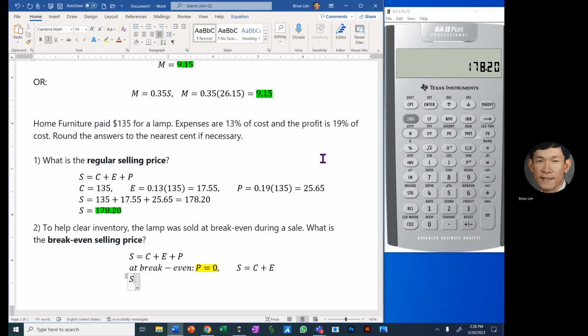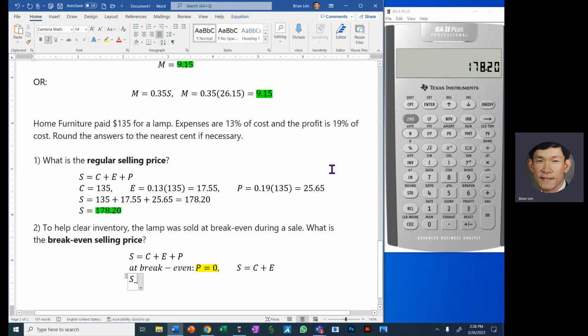So we can put S, and let's put break even. Sorry, it didn't work very well that way. Break even, we have to put it as one word. All right, so S at break even is equal to what?